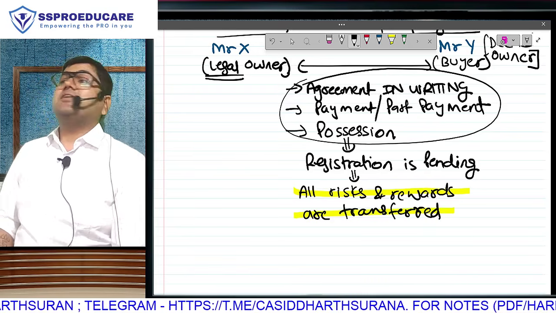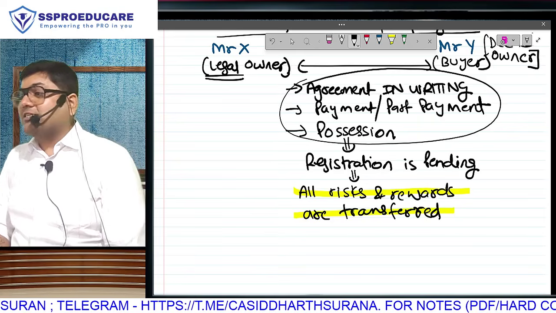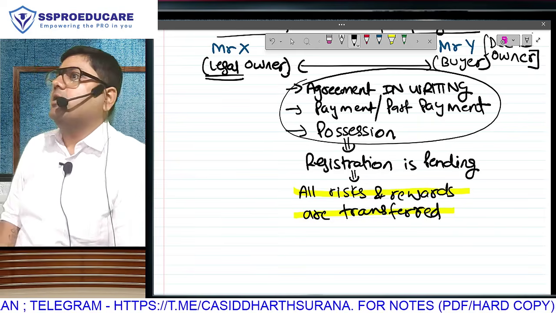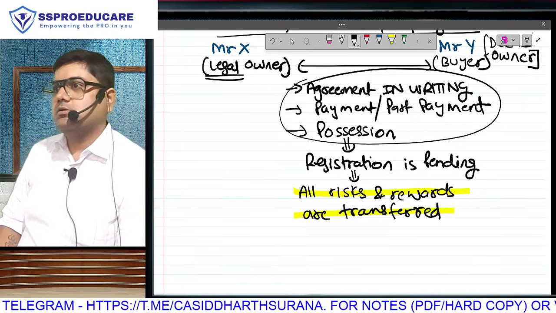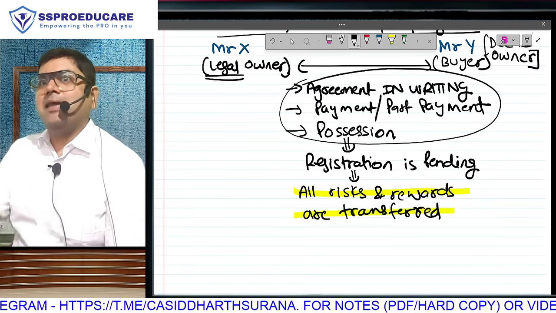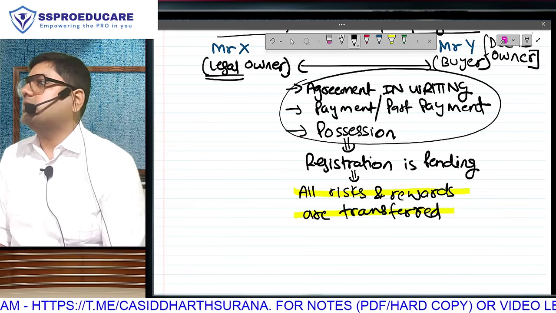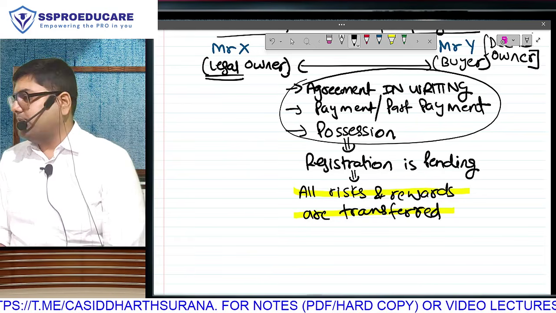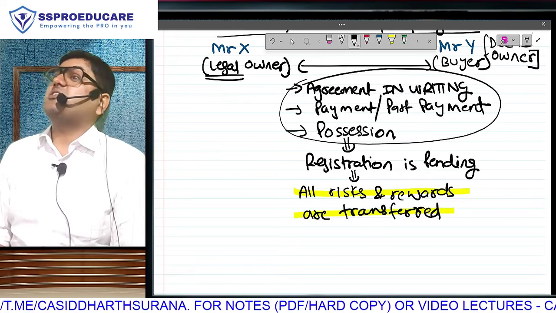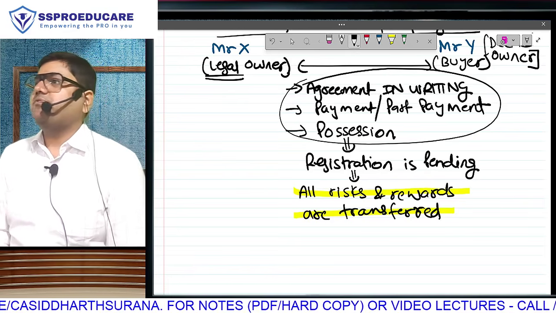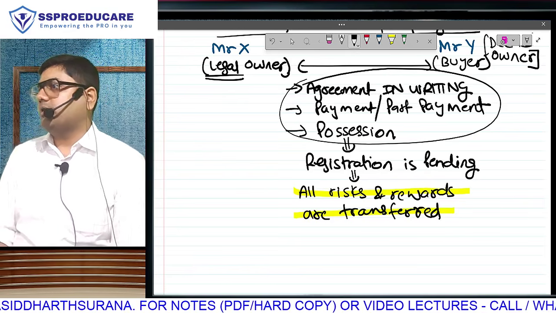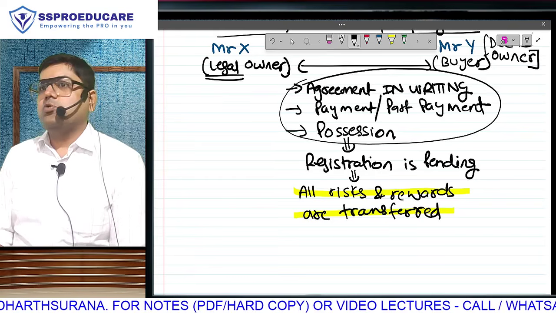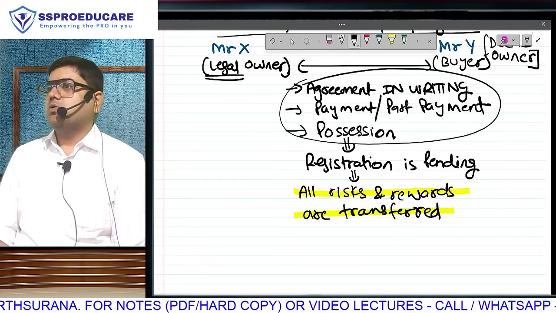If by chance there is an earthquake or fire and the property gets destroyed, it is a loss for Y, because all risks are transferred. There is only one formality which is pending. Registration is considered a formality. Once you have made payment and you have received possession, possession is a very, very important aspect in property ownership. You are considered as the owner.